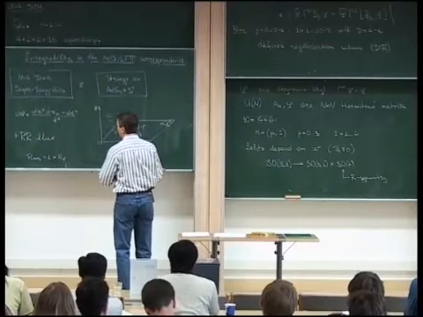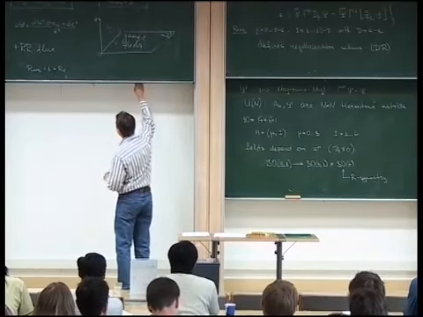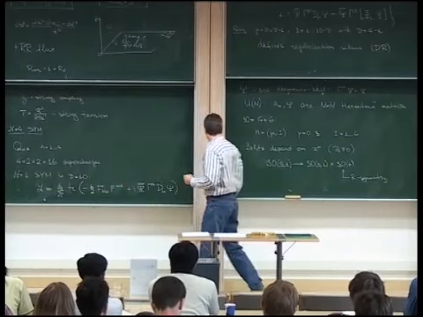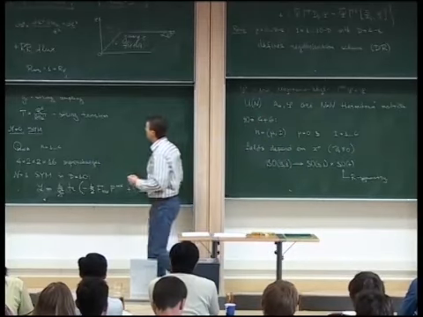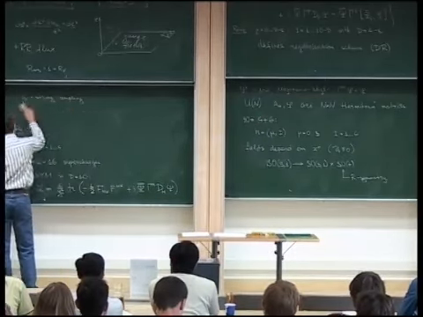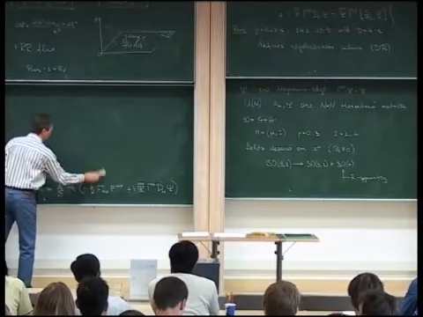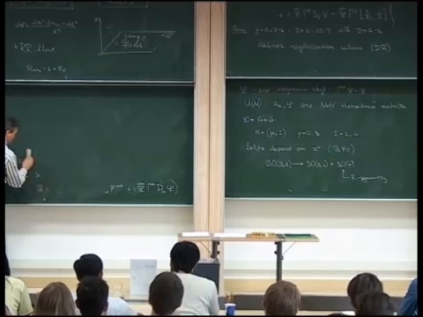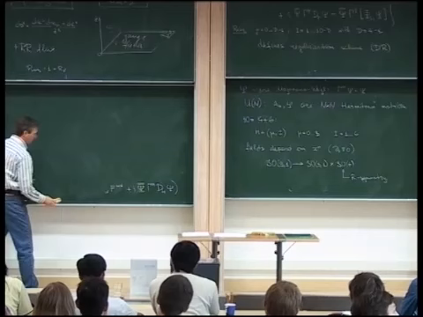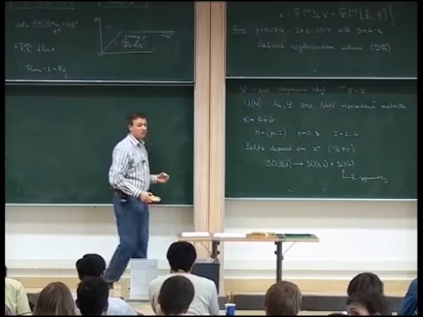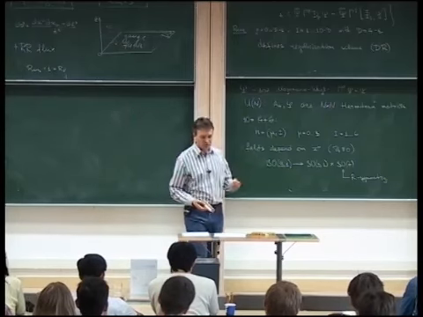And these 2 parameters are conveniently chosen to be the 't Hooft coupling and 1 over N. So if you take N to infinity, then we are left with only planar diagrams.